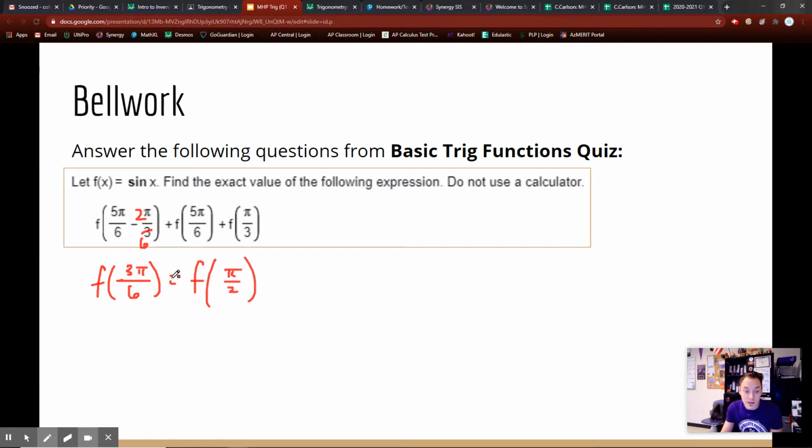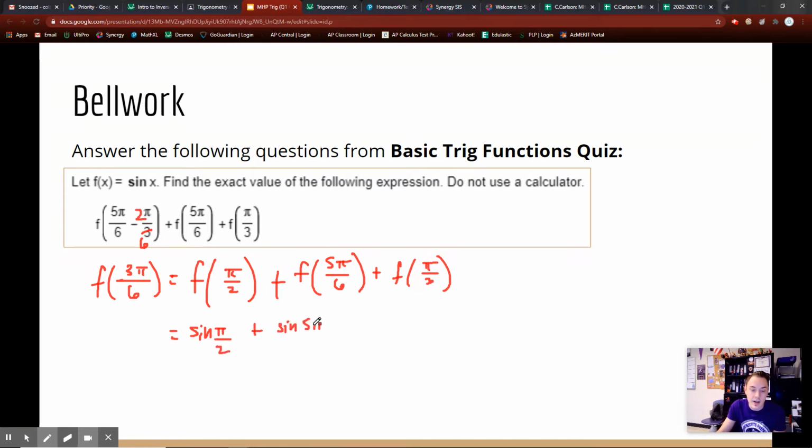And now what this actually equals is plus f of 5 pi all over 6, plus f of pi all over 3. Okay, what does this mean? This means sine of pi all over 2 plus sine of 5 pi all over 6 plus sine of pi all over 3.